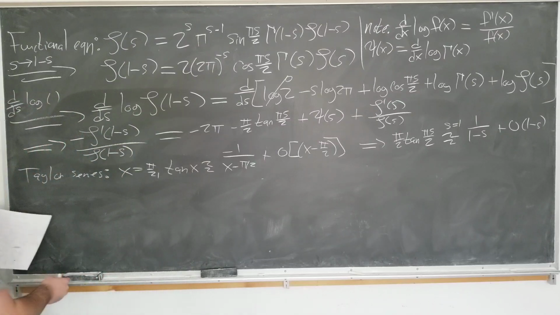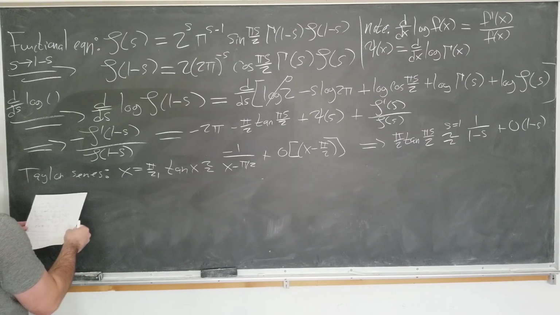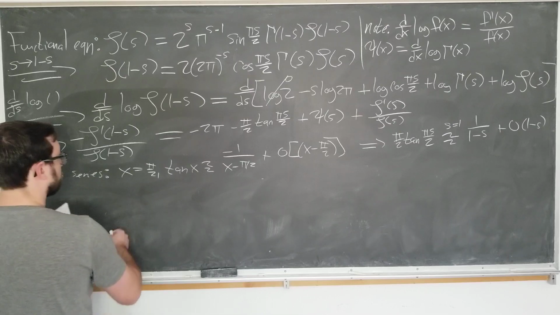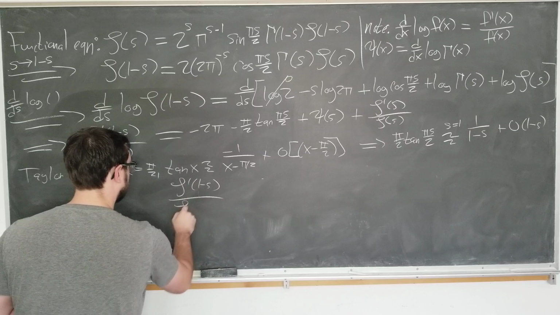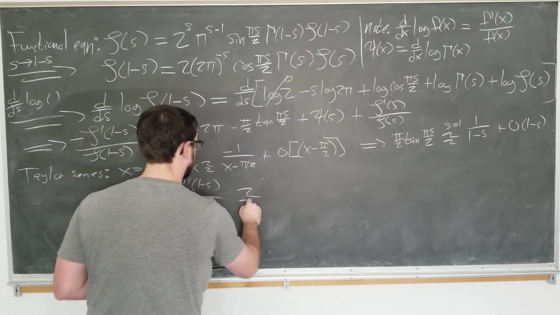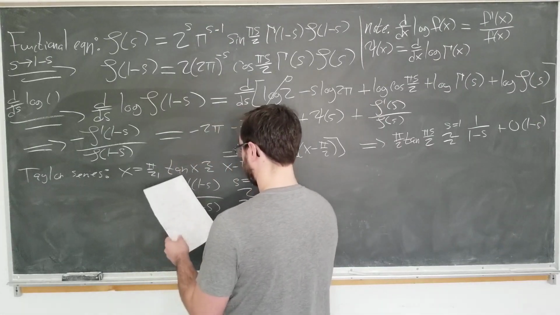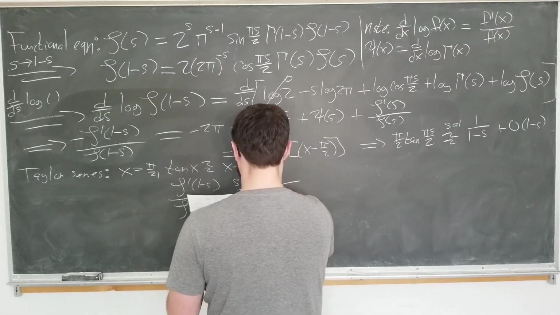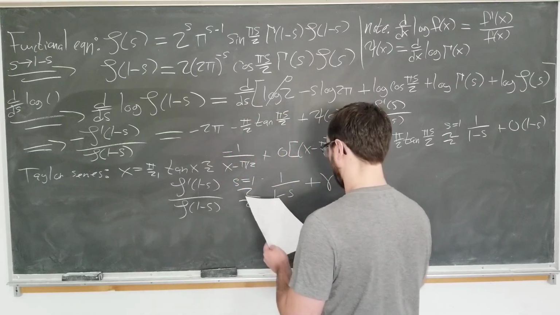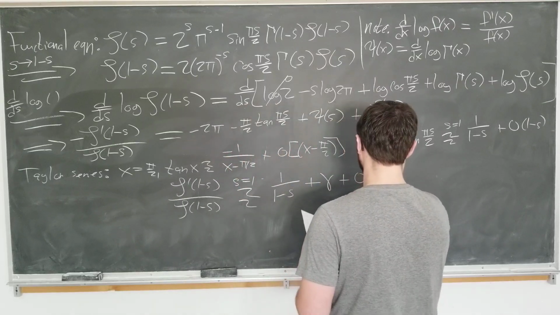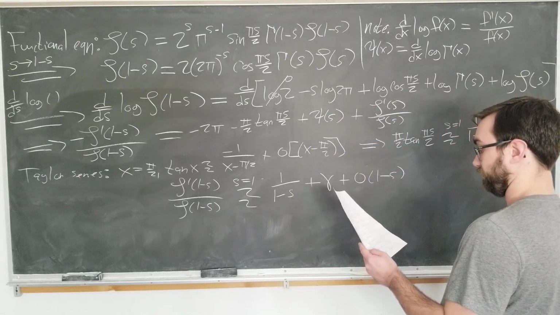So we also know that the following is true. Zeta prime of 1 minus s over zeta of 1 minus s is approximately, at the point x equals 1, 1 over 1 minus s plus the Euler-Mascheroni constant plus higher order terms of order 1 minus s.